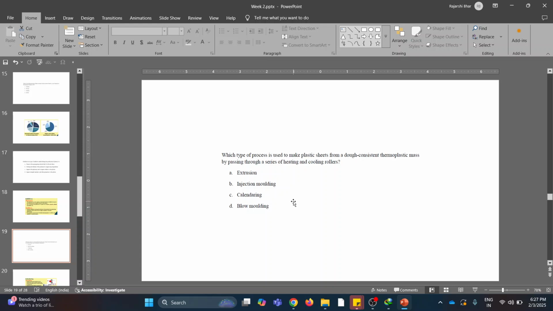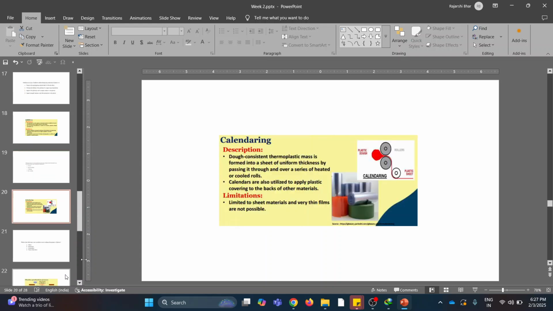Okay, so answer C is the correct answer. You can see in the next slide, this is how calendering takes place. So this is a plastic dough. It passes on from a hot roller to a cool roller like that, and sheets are made out of it.